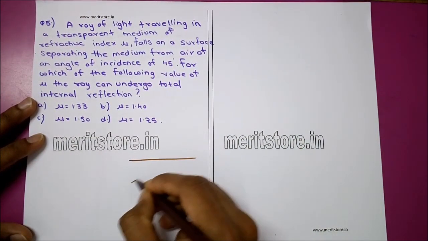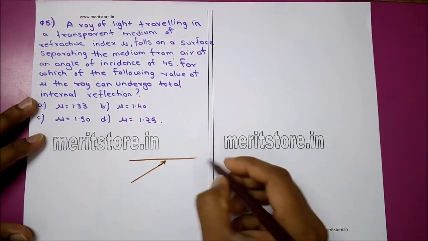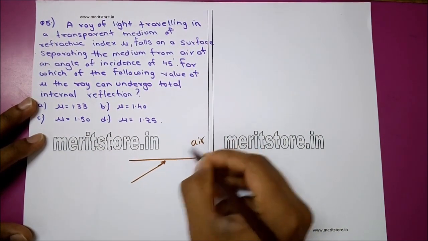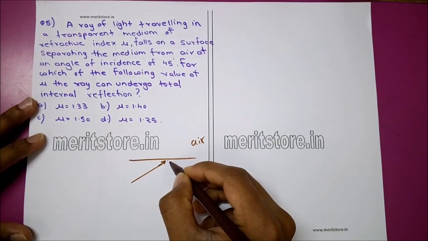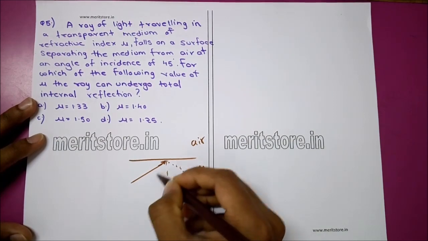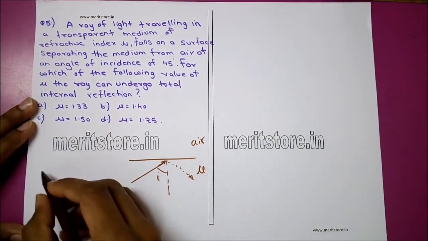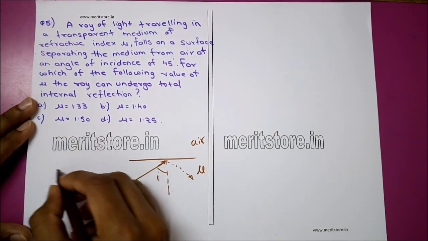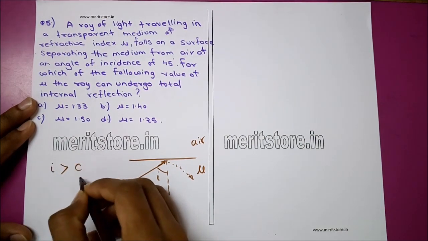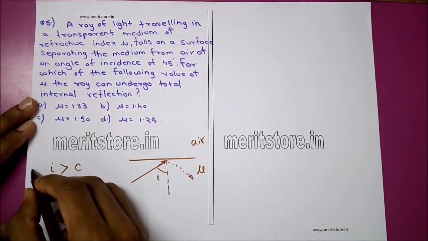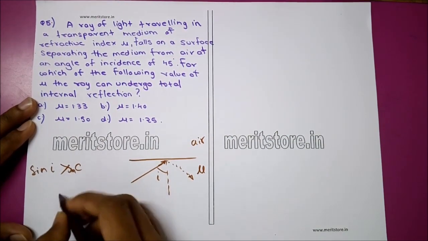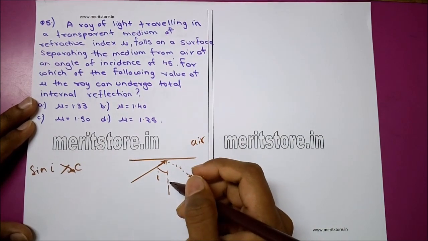Now for a ray that is coming from a denser medium to a rarer medium, air, total internal reflection would occur when the angle of incidence i is greater than the critical angle C. So when sin i is greater than sin C, total internal reflection takes place.